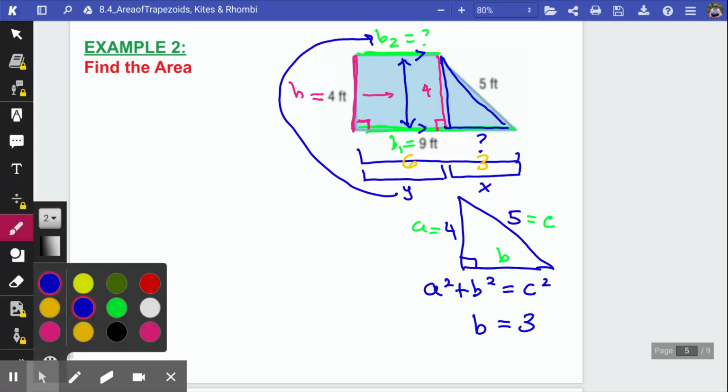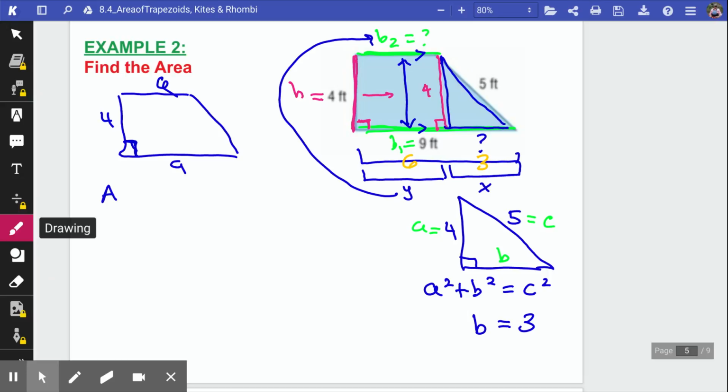So now I kind of have a new trapezoid, and I will draw it. That we know the height is 4. We know that's a right angle, that this is 9, and we just solved for the other base, which is 6.